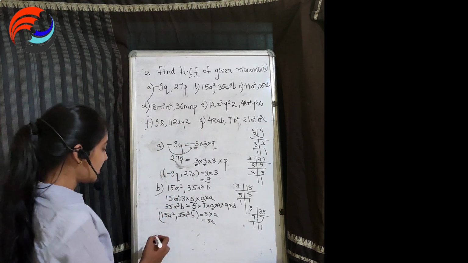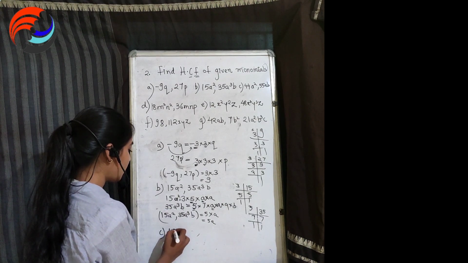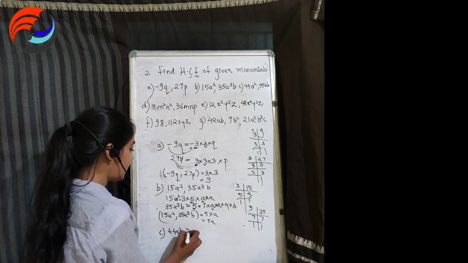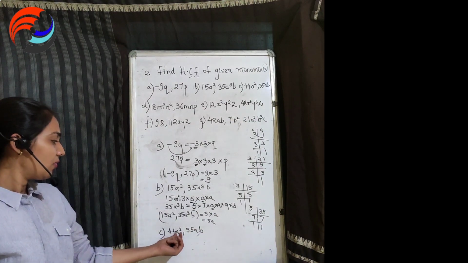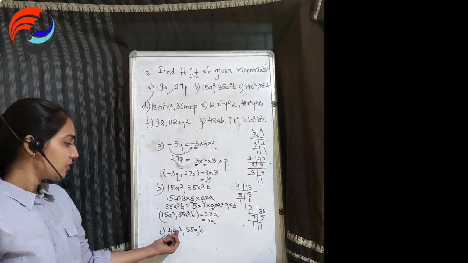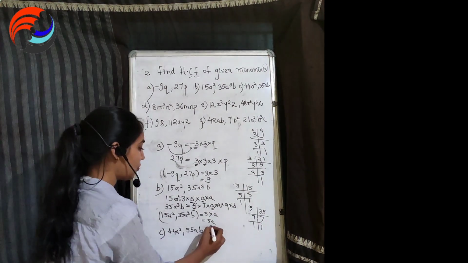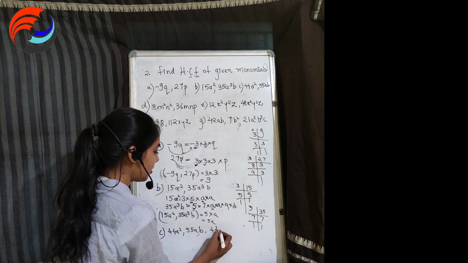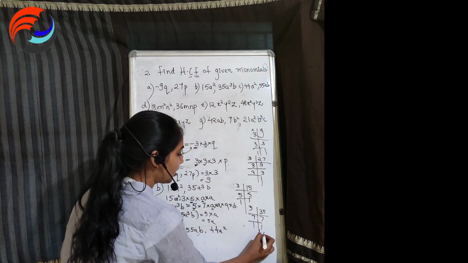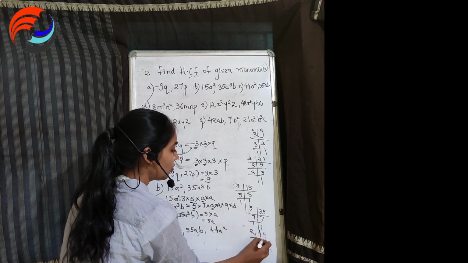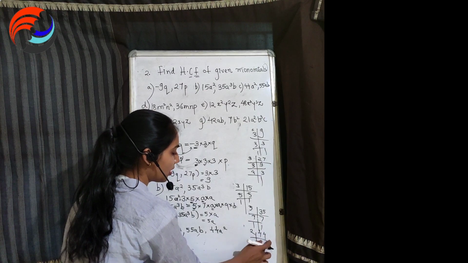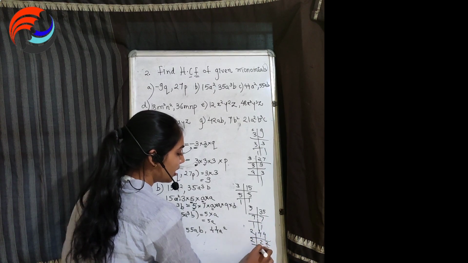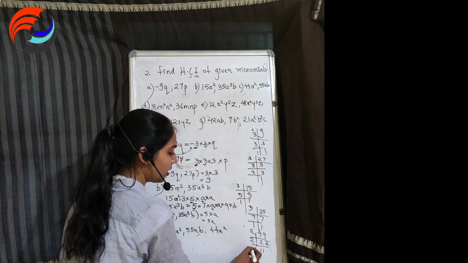Now we will go for C question. C question is 44 a square, 45 ab, 55 ab. So 44 a square. First we find the factors of 44 a square. What are the factors of 44? 2 2s are 4, 2 2s are 4, then 2 11s are 22.